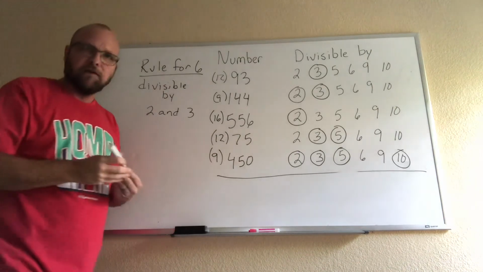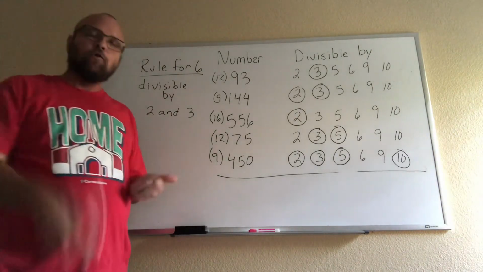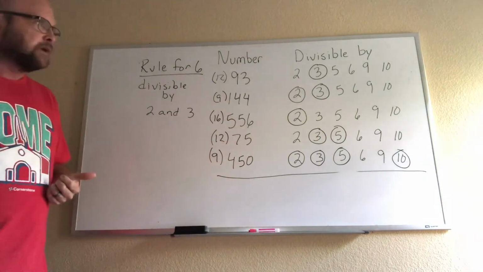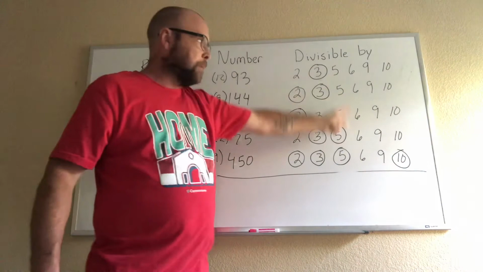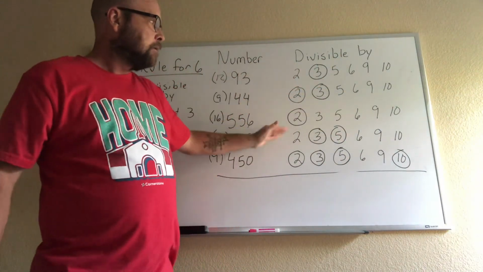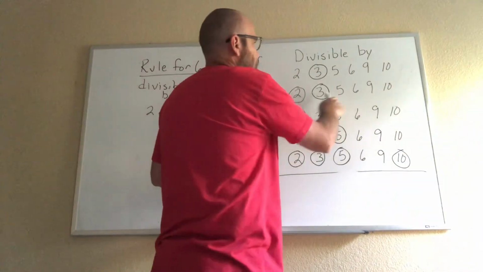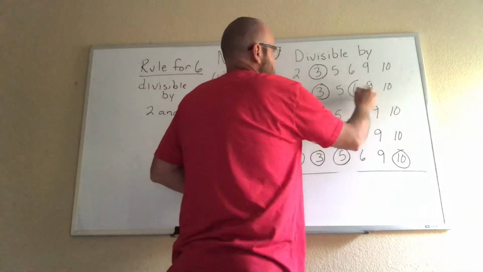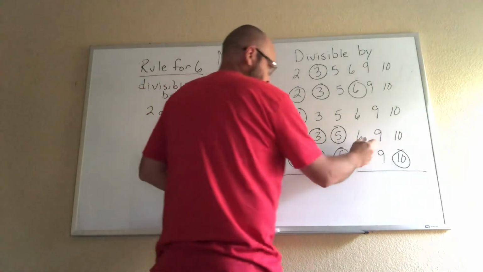Because all even numbers are divisible by 2. That's real easy to do. All I got to do is go through my list, and if 2 and 3 are circled, then I circle the 6 as well. So this one I do not. This one, 2 and 3 are circled, so 6 is circled. No, no, yes.